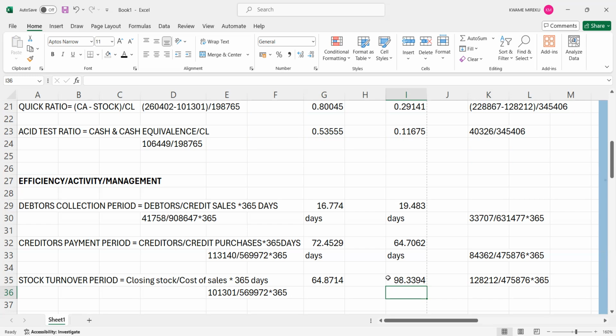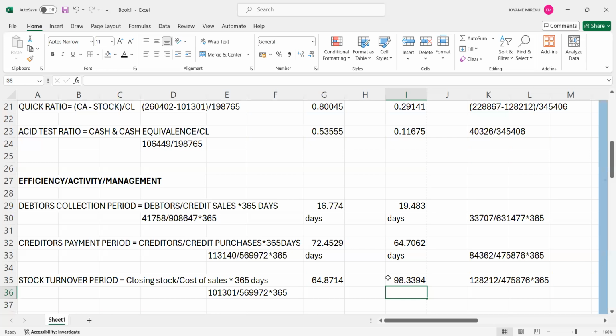Now, interpretation. On average, we used 98 days to sell our stocks in 2022, whilst in 2023, we used 64 or 65 days on average. So on average, we were selling our stock within 98 days.